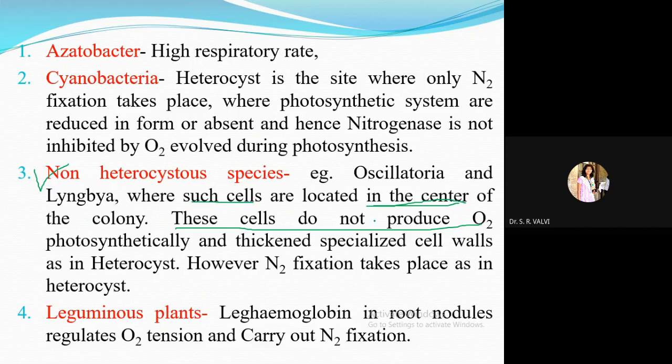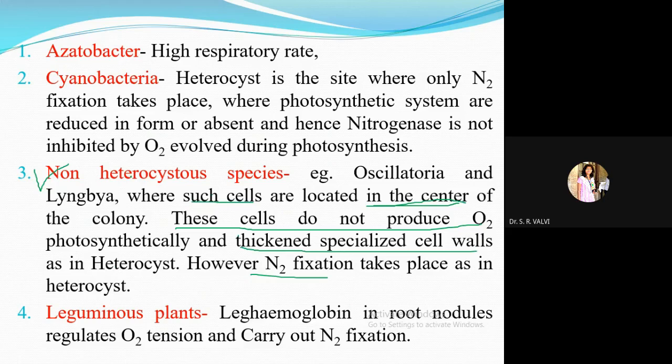They are not going to produce O2, and they have a thick cell wall, and because of this they maintain an anaerobic condition, and they are going to fix the atmospheric nitrogen just like the heterocyst of other bacteria, cyanobacteria or blue-green algae. Getting it?